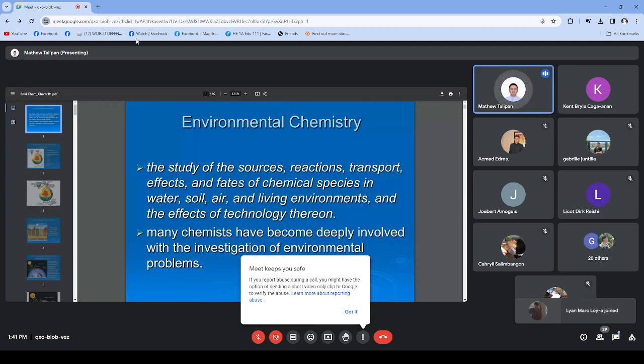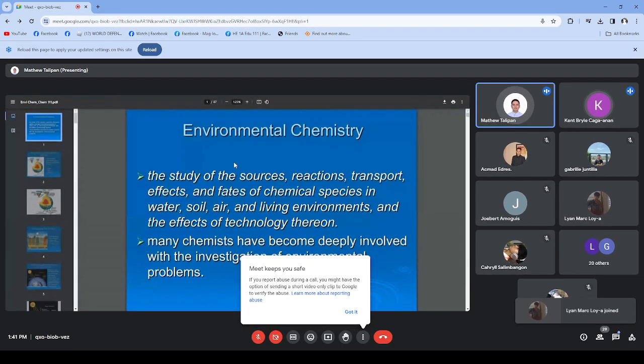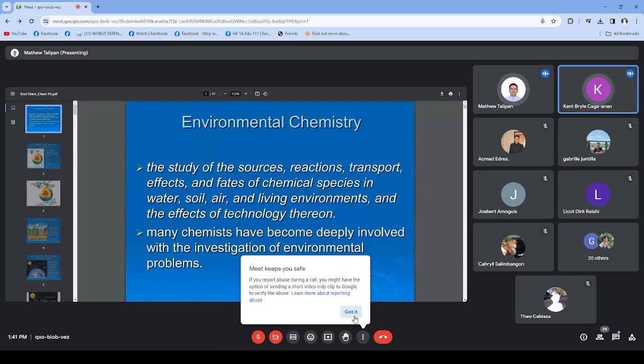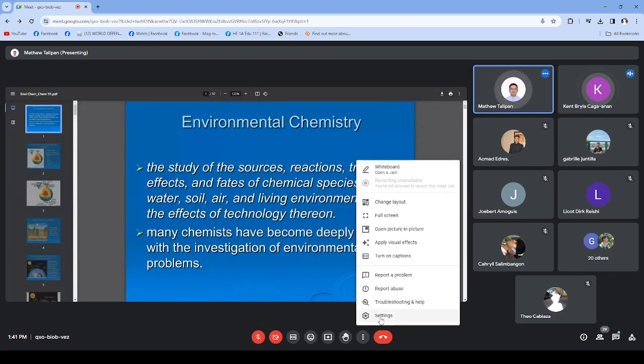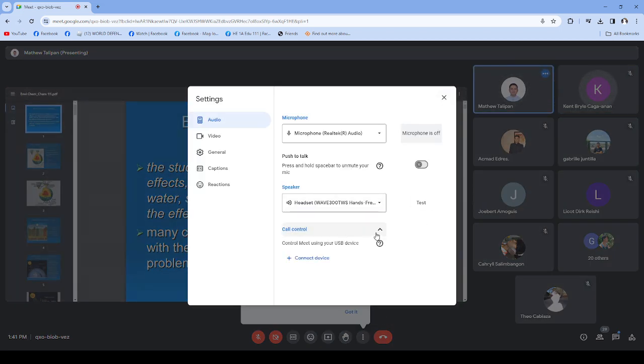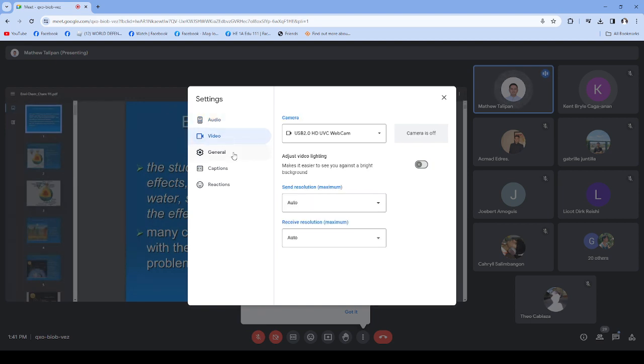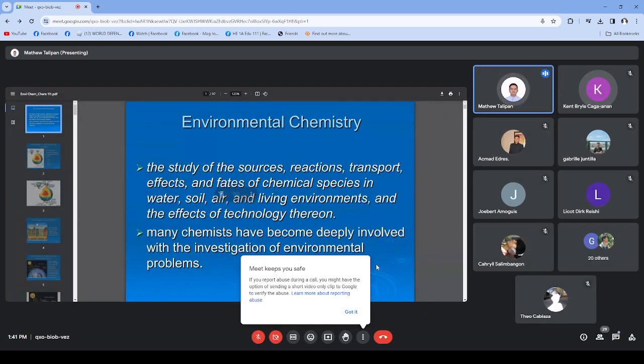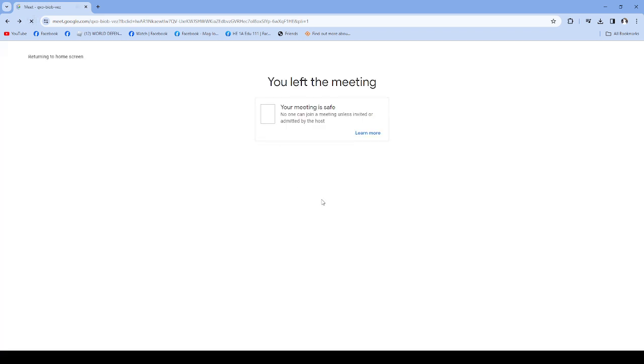Okay, good morning everyone. So we're now with the topic on the application of chemistry with environmental concepts. This is focusing on environmental chemistry. So environmental chemistry is actually the field of chemistry that focuses on the study of the sources, reactions, and fate of pollutants.